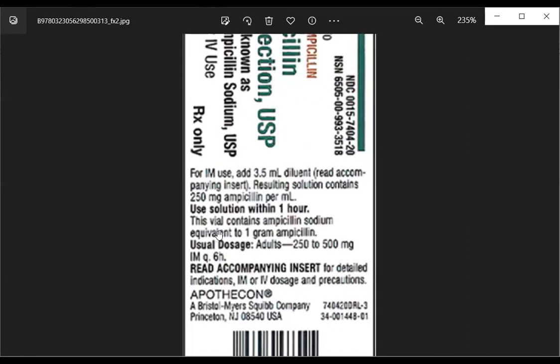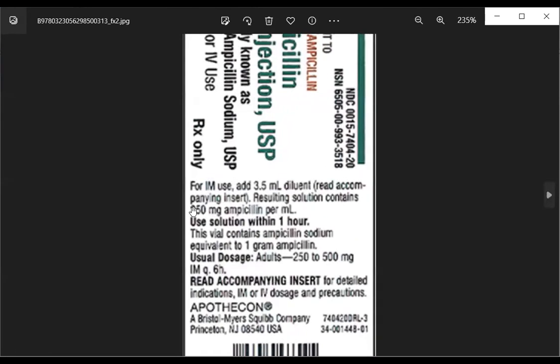So here you have to look for, and you're going to see 250 milligrams ampicillin per milliliter. It's not in parentheses here, but that's what you're looking for: 250 milligrams per milliliter for that ampicillin.